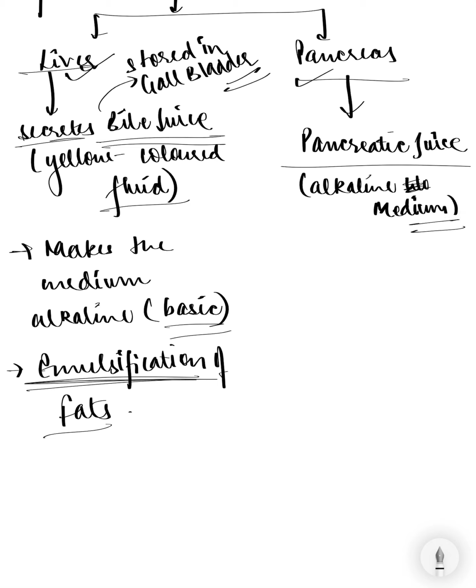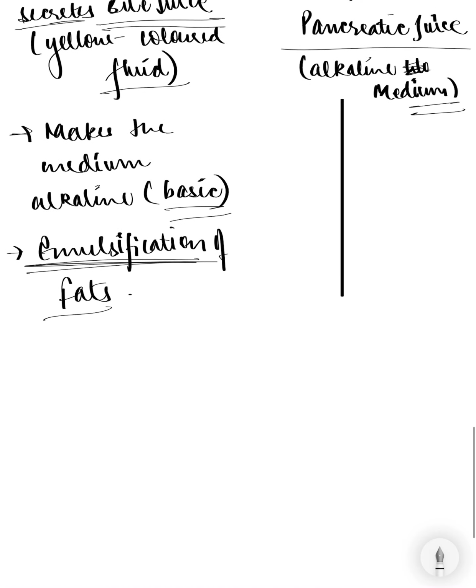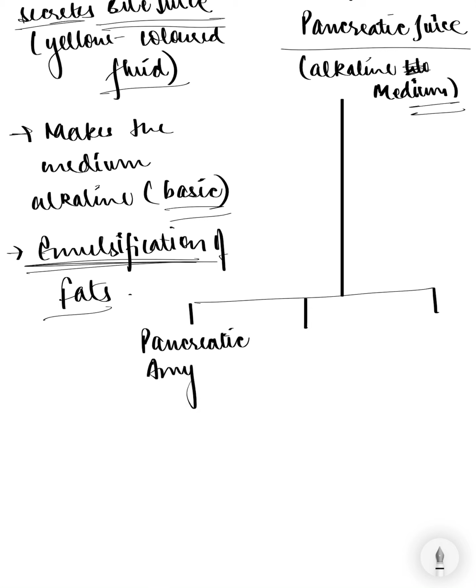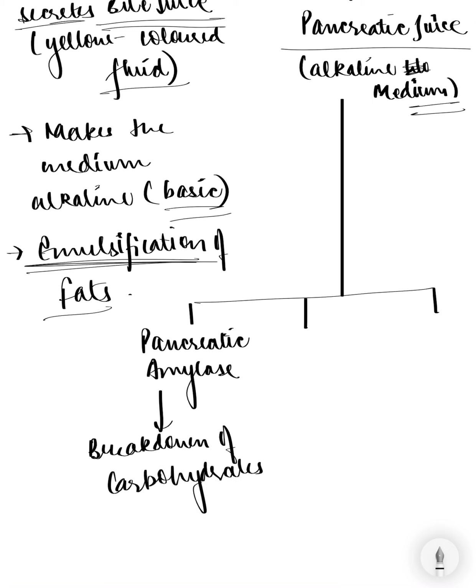Right? Now this pancreatic juice has 3 secretions. The very first is pancreatic amylase. This pancreatic amylase helps in the further breakdown of carbohydrates.